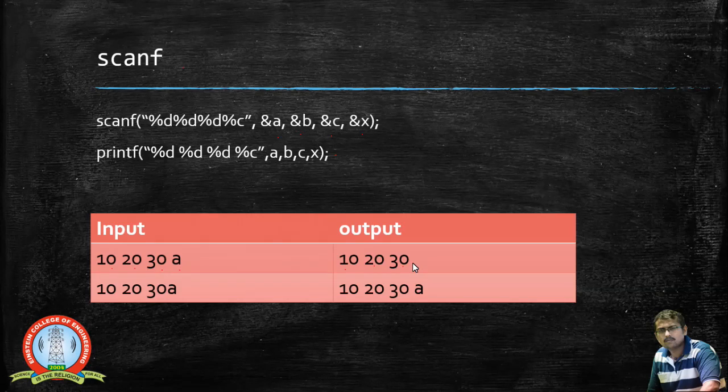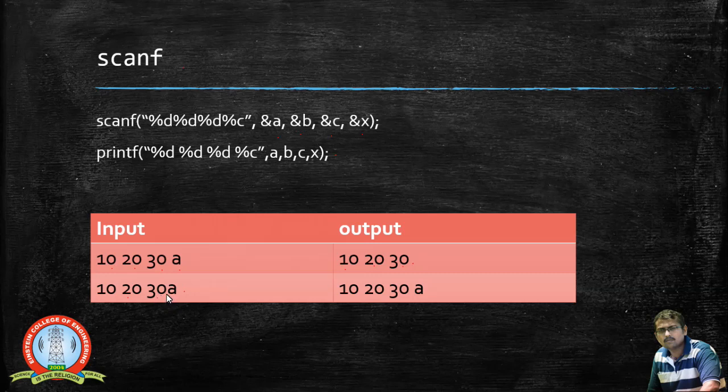Now suppose you want this A to be stored in x, then you should give the input like this: 10, 20, 30, and in between 30 and A there should not be any space.